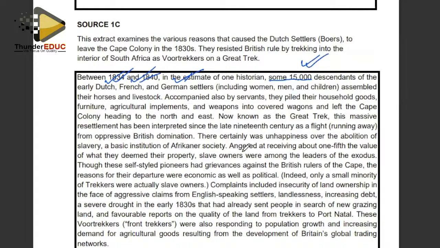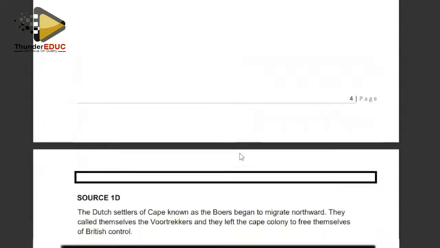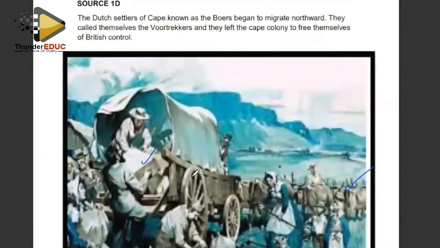We are told that it was the Dutch, the French, and the German. We know that these are white races. The Dutch are white, the French are white, the German are also white. This is supported by the visual impression here. It's showing white people. If you check these people here, it's portraying that they are white. So it's a comparison. The first source is saying they were the Dutch, the French, and the German, and this is supported by the visual source, which shows white people. You get the idea of how you compare.